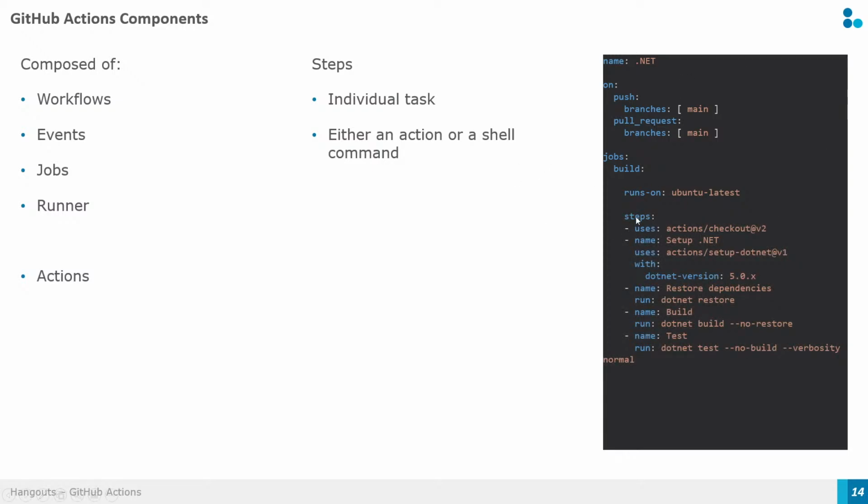As you can see here, we're using steps. You can name them or not, and you just run this. Right here, we can see that uses is when you are using an action, and run is when you're running a shell command.